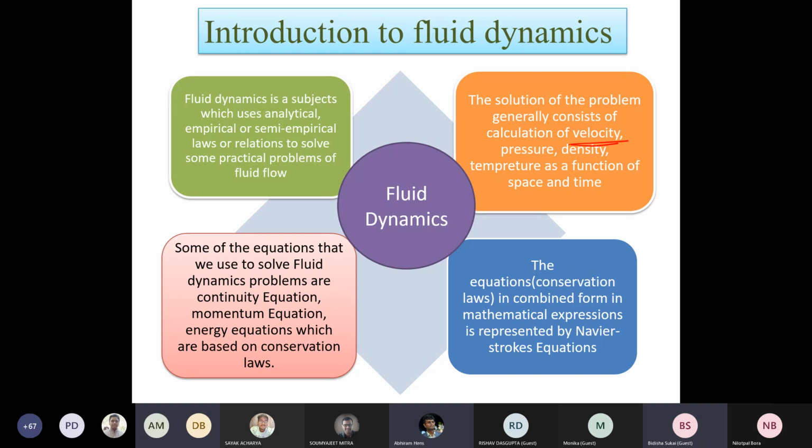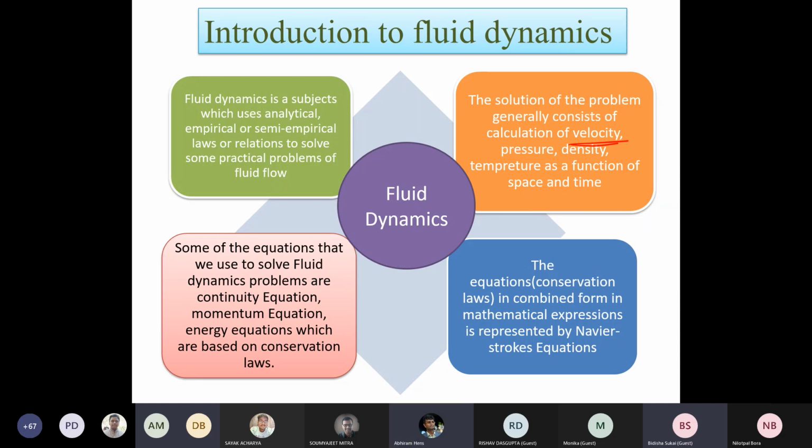So our objective is to understand what type of flow profile is there, what the velocity field is, what the pressure distribution is, what the density distribution is in that domain, and what the temperature distribution is. And this varies along the space.